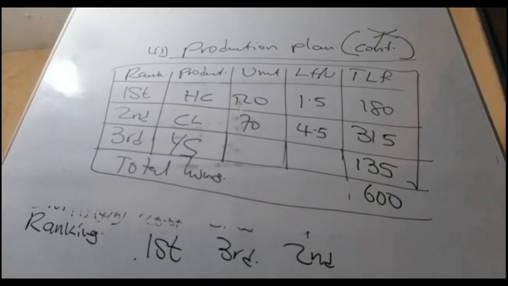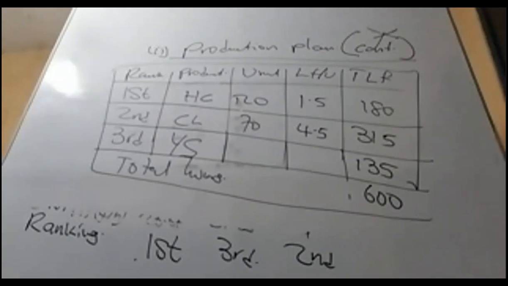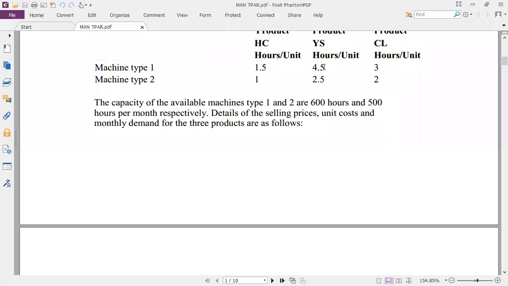Okay, I think there was a question. Let me go and pick the question up. So now for CL, the limiting factor was 3, but not the 4.5. 4.5 is for YS, right? Great. So let's make the changes. That's great.